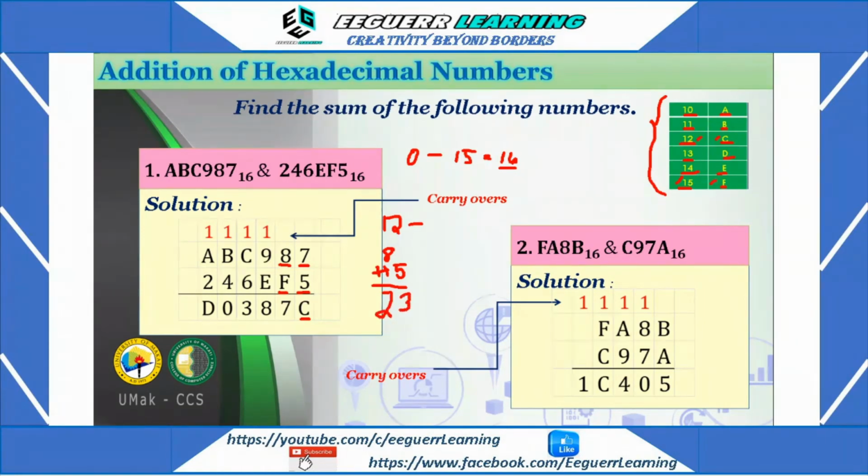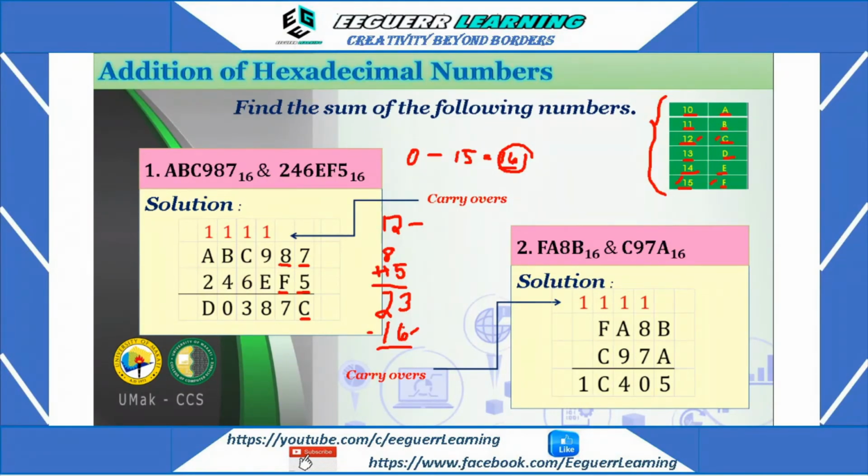23, and with the same guide that I told you in our octal, we need to subtract 23 by 16 because hexa is 16. The whole cycle of hexa here is 16. Okay, so we subtract it by the whole cycle of 16 here.